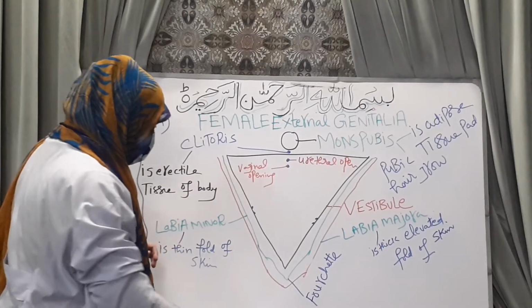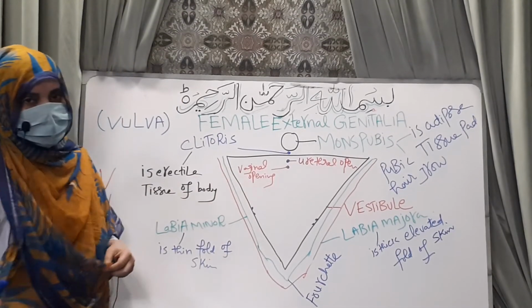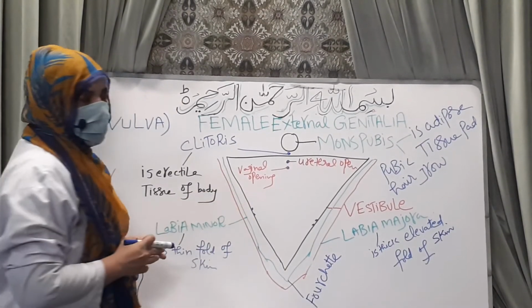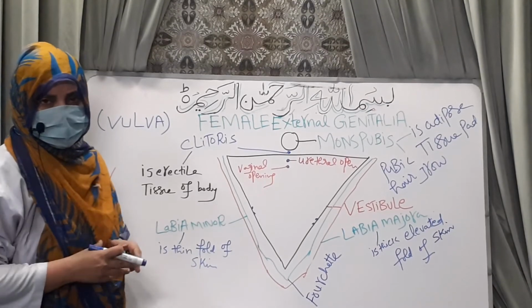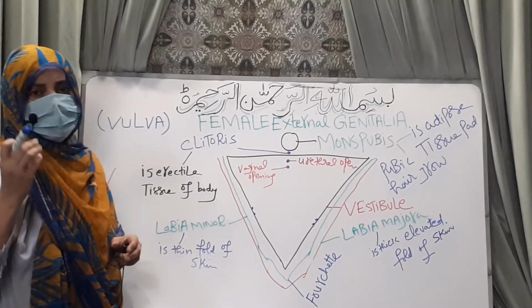On the sides, there are openings of two glands. On each side, there is the opening of the Bartholin gland and Skene's gland.